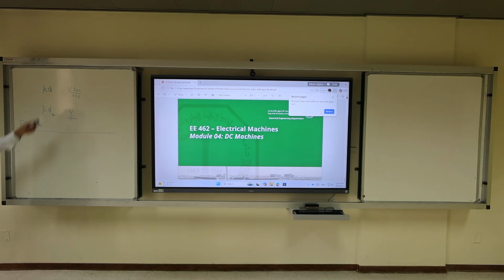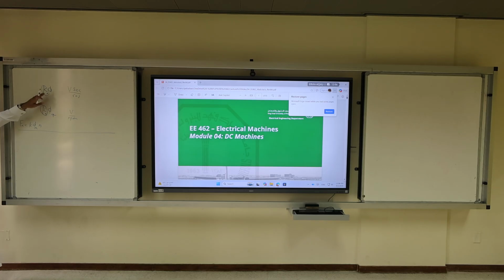Another thing is, if you change the flux, will K change or K times the flux change? Think. What is K? I think we call it KA. KA is a function of the machine itself, the windings, the cables. But K times the flux is a function of the machine times the flux.